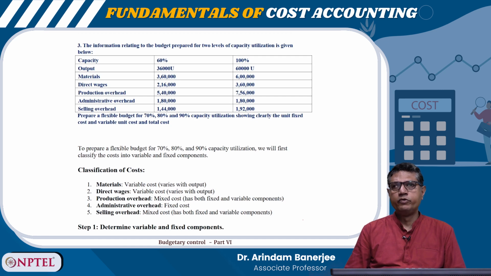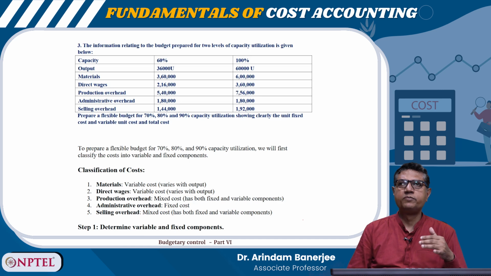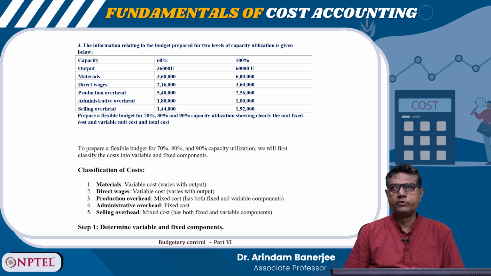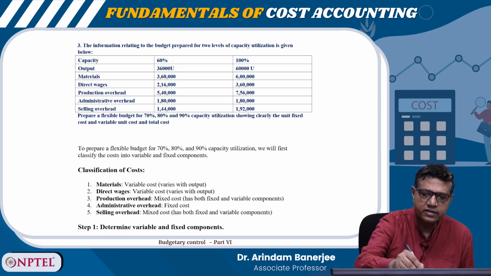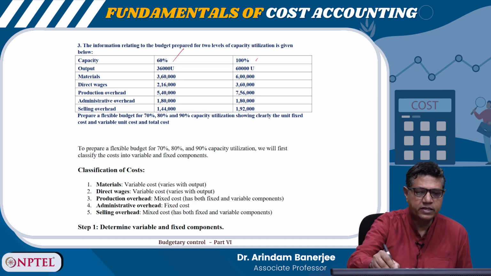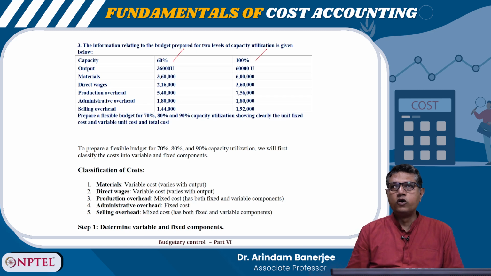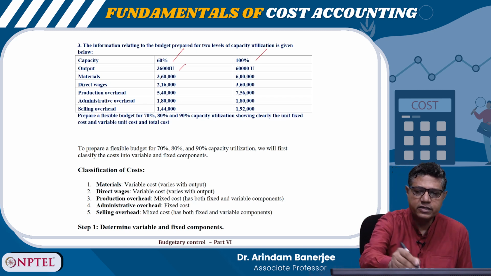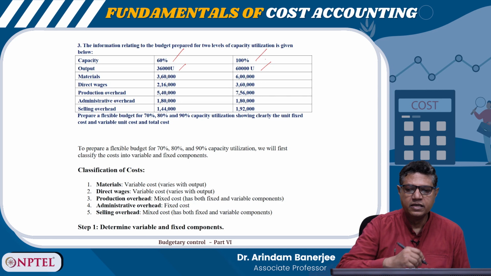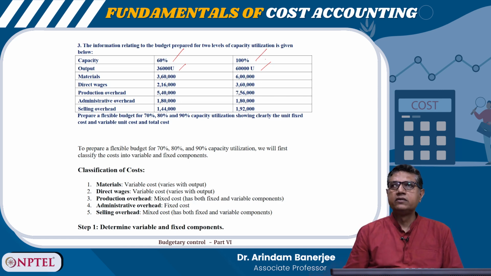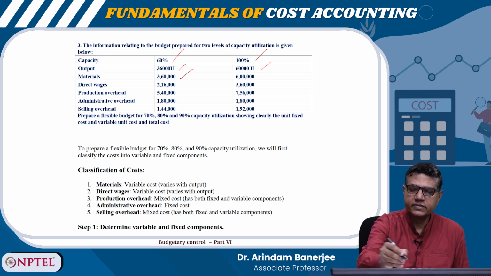Okay, so we completed 2 problems now. Now we are moving to the third problem, right? The information relating to the budget prepared for 2 levels of capacity utilization is given below. Capacity is 60% and 100%, so output is 36,000 units and 60,000 units. Material 3,60,000, 6 lakh.